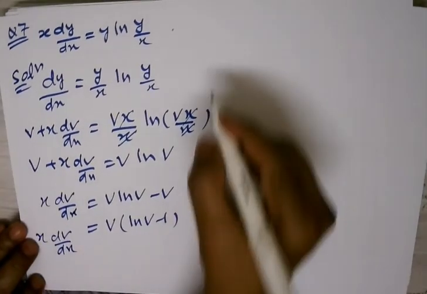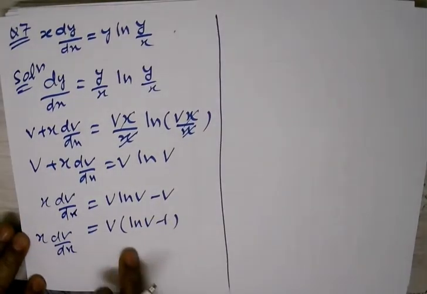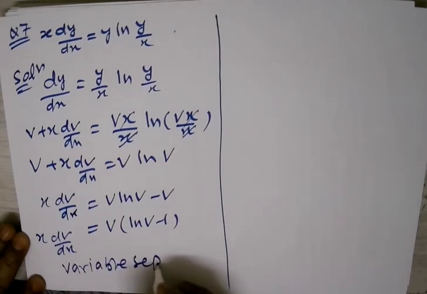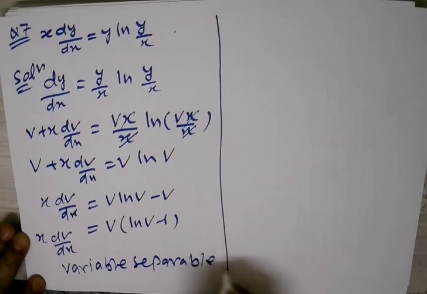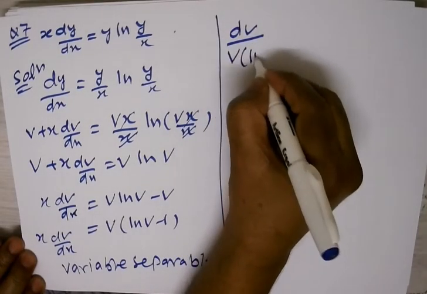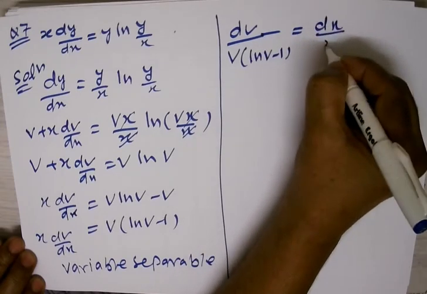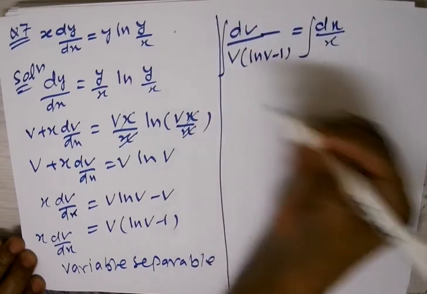Now use the variable separable method. What is that? dv over v times (ln of v minus 1) is equal to dx divided by x, and integrate it.